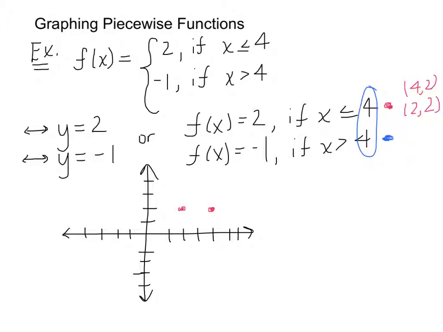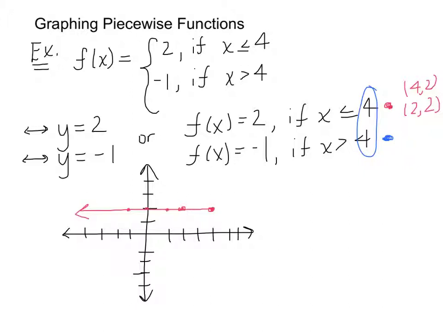And if we keep plugging in values smaller than 2, you're going to notice that all of these points over here would fall in this domain. So that means that the direction of my line is going to -infinity, and we cannot use anything larger than 4. That's why I went to the left.